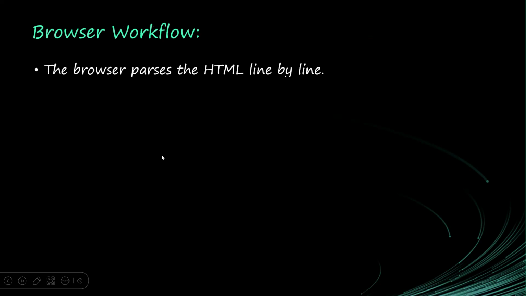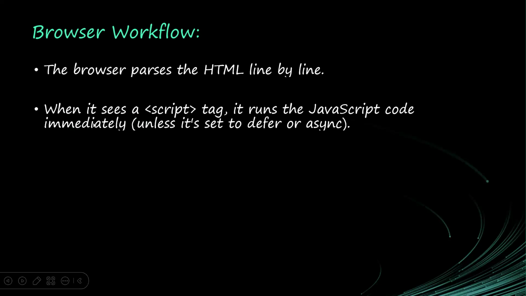So the browser parses the HTML line by line to produce the DOM. When it sees a script tag, it runs the JavaScript code inside of it immediately. You can see the one we just did.